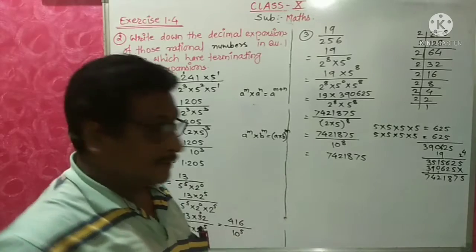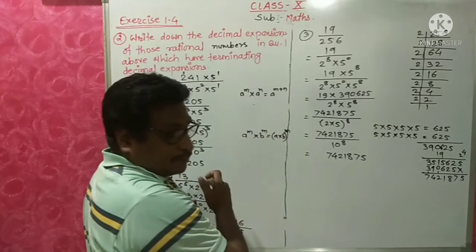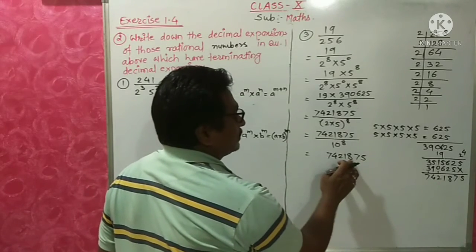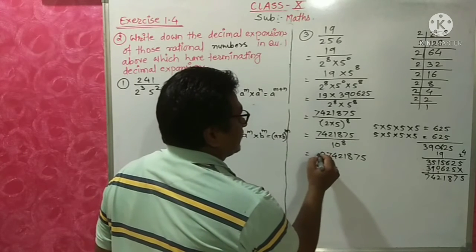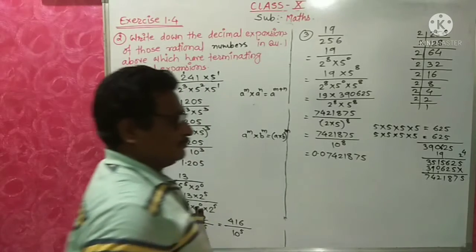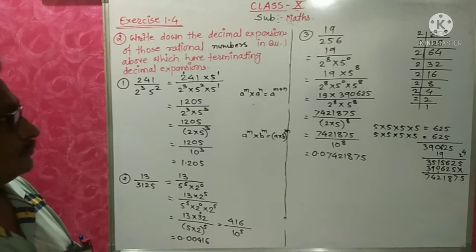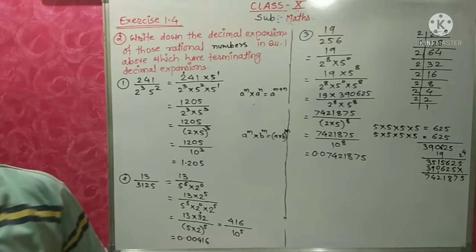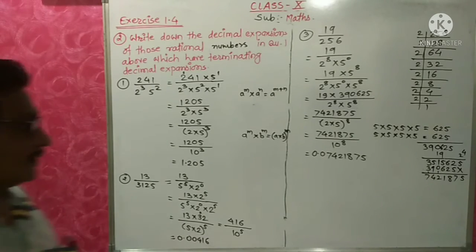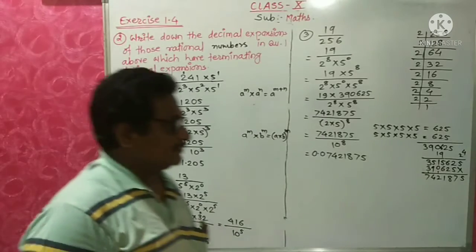Now the decimal point: from right to left we count 1, 2, 3, 4, 5, 6, 7, 8, then 0. Understood how to convert this? So in this way we have to write the decimal expansions.